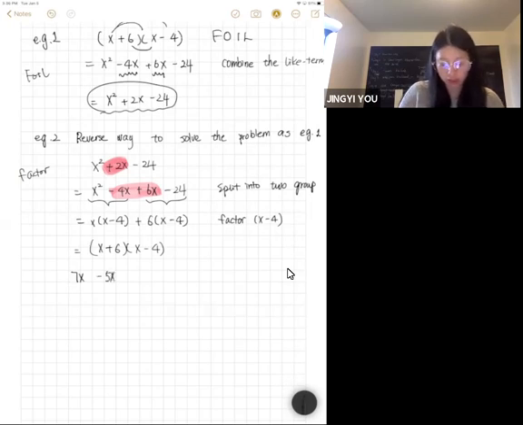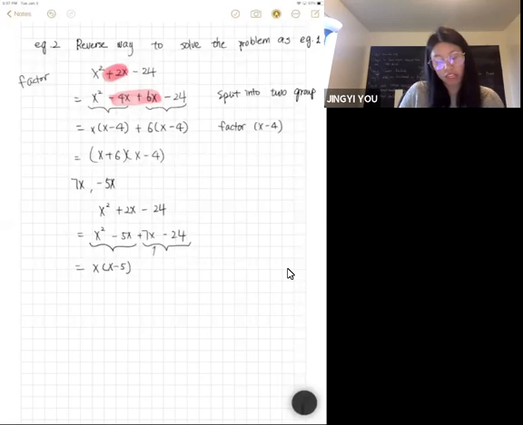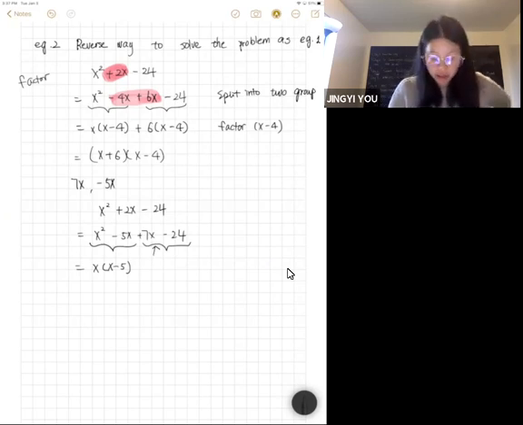Let's split in this way and see if that works. So I have x squared plus 2x minus 24, and then x squared minus 5x plus 7x minus 24. We will group these two as a group, these two as a group. So I have an x, and then x minus 5. Oh no, the second group doesn't have a common factor. That means you can't factor them out. So that means 7x and negative 5x doesn't work.